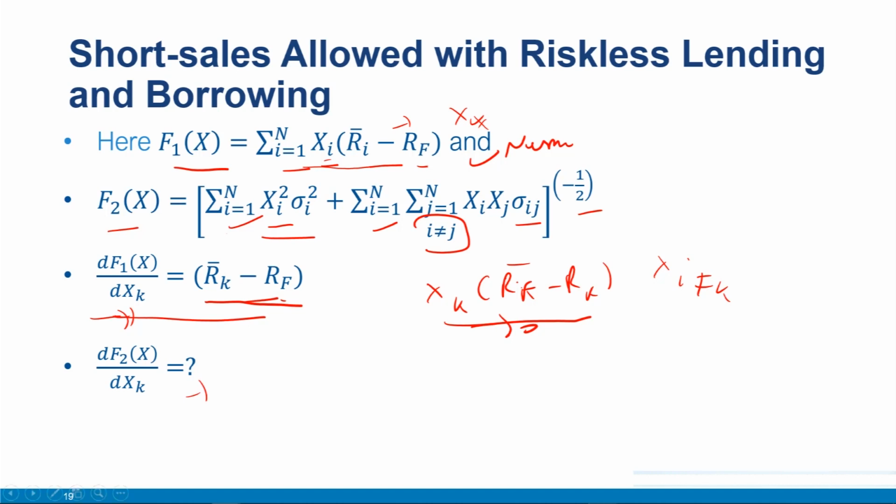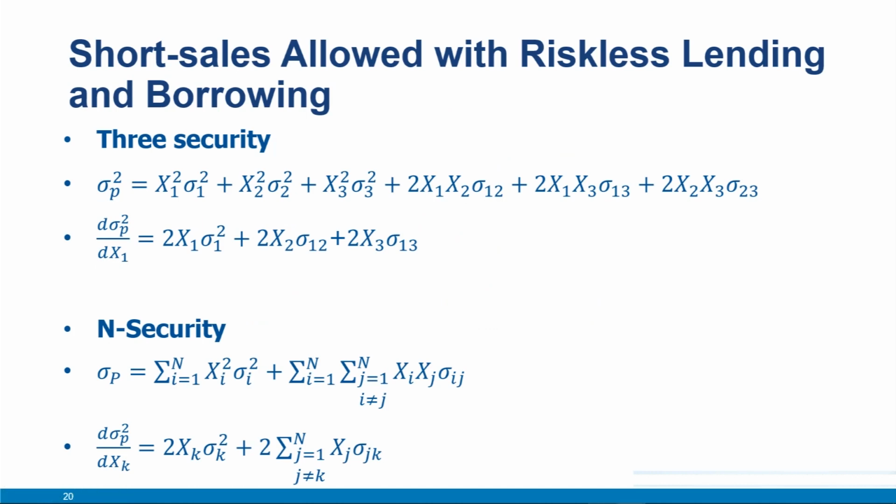Let's see that. Let's start with a simple three-security expression for sigma p square. Ultimately we are trying to differentiate the risk expression sigma p, and this is the expression for three securities. If we differentiate with respect to x1, we get 2 times x1 sigma 1 square, and the terms with only x2 and x3 will become 0.